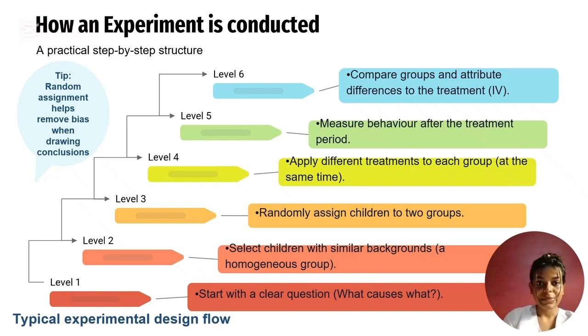We can put their names in a bag and just pull them. There are many methods. Then we apply these different treatments for the same duration. I say the same duration because we need to measure the behavior after that specific treatment period. And this will allow us to draw a good conclusion about one group's performance compared to the other group's performance with the same treatment and the same time period.